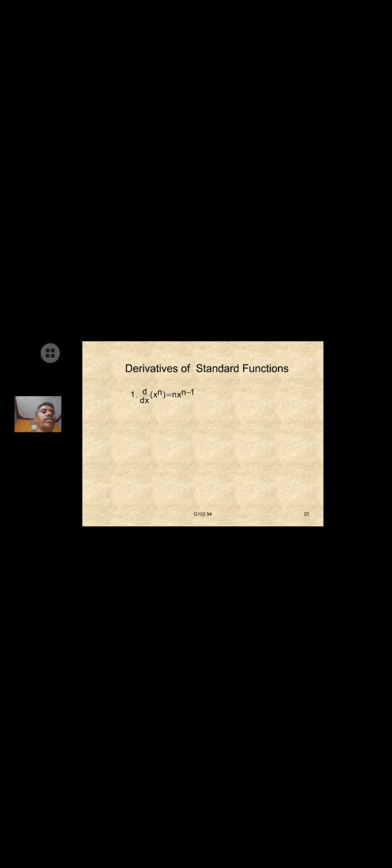d y by d x of x power n equals n into x power n minus 1. Number 2, d by dx of root x equals 1 by 2 root x.